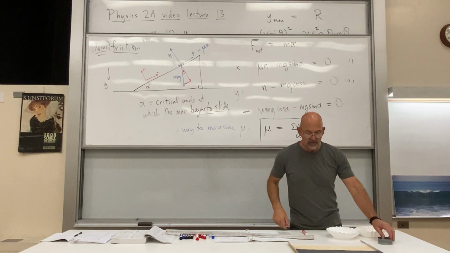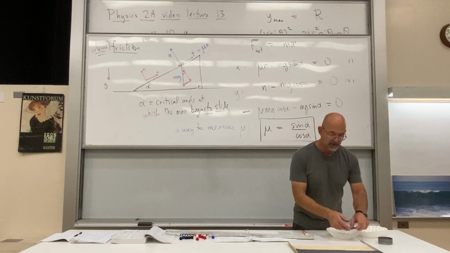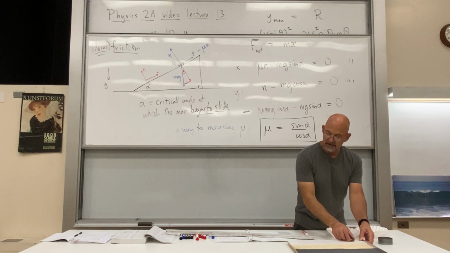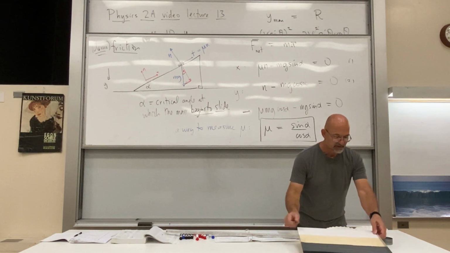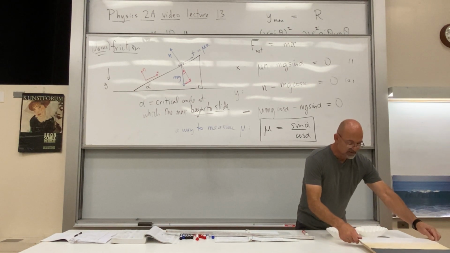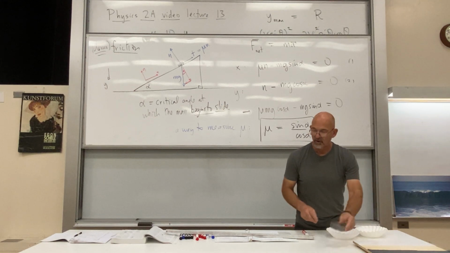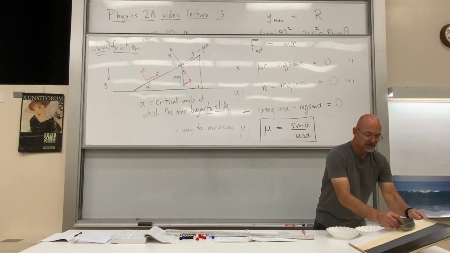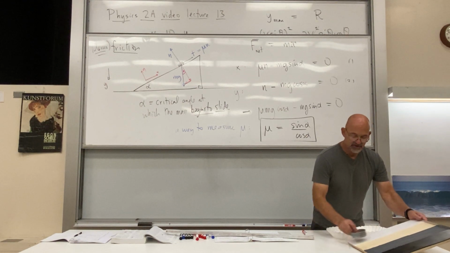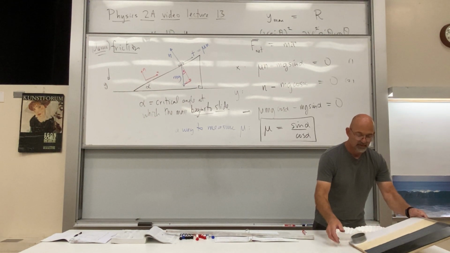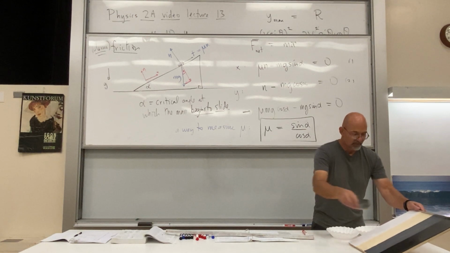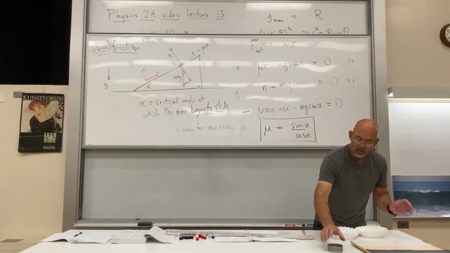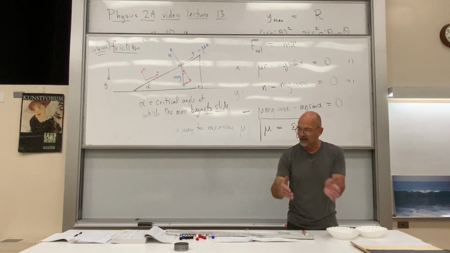Now that frictional coefficient is also in play in a horizontal motion, and here I'll just make my point this way. We'll slide the whole can across the table. Okay, so there's a frictional coefficient between, say, the surface of the table that we would measure with the angle and all, and then we know it, and we can send this thing across the table and it comes to a stop.